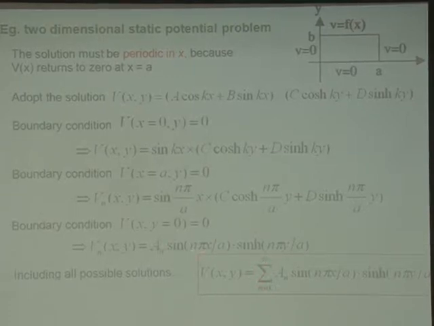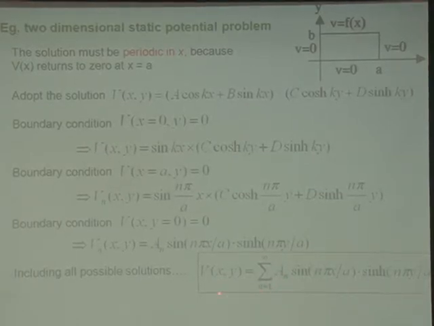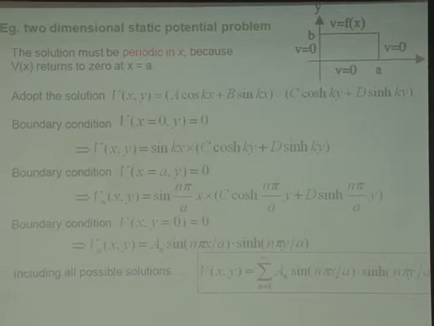The minus values are not useful because your an is undetermined. Your an can be a minus value. So you don't have to run this from minus infinity to infinity. And n equals 0 is not useful because if n equals 0, basically you have nothing. Okay, so this is a complete solution.